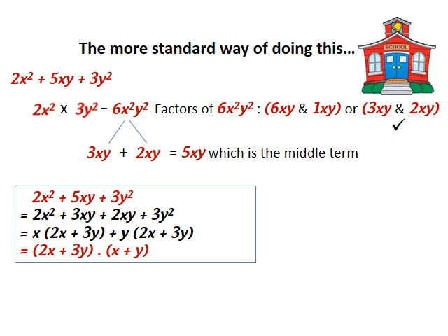But you have understood this, right? A very simple technique, and once you have thoroughly understood this, then you would be able to solve any quadratic expression and find the factors of that.